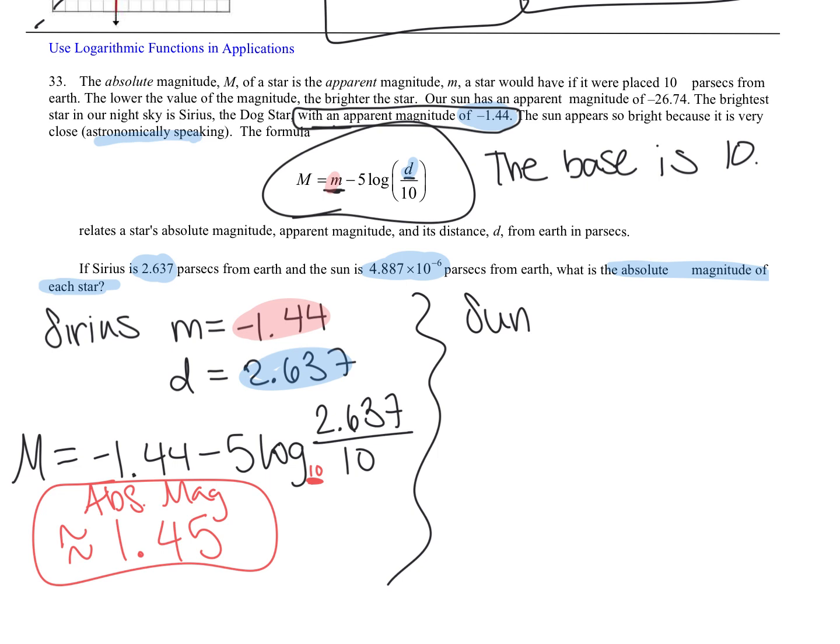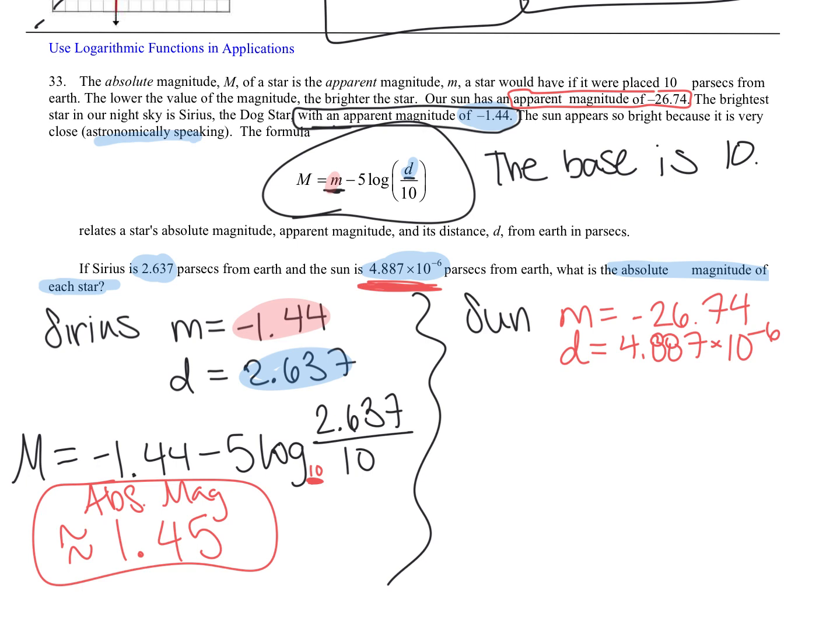Well, they gave us the apparent magnitude, which is little m, negative 26.74. The distance is 4.887 times 10 to the negative 6 power. You can see the distance is pretty far, right?